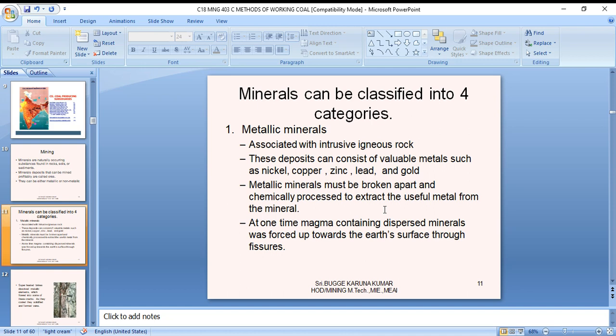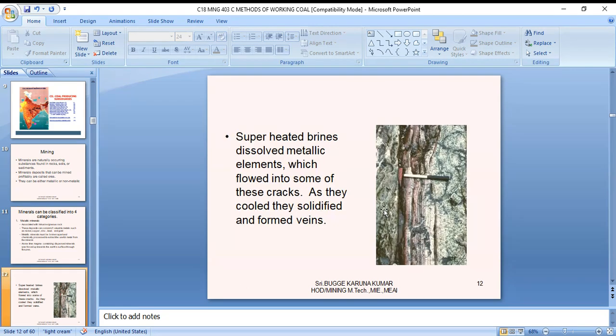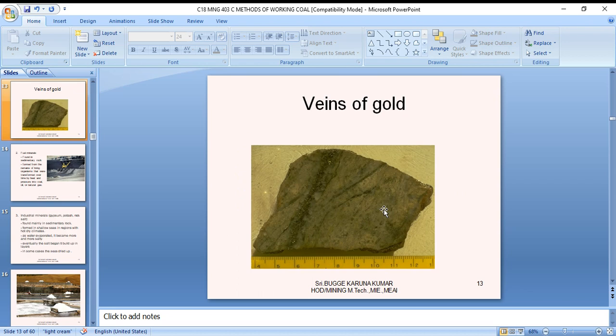At one time, magma containing the dispersed minerals was forced up towards the Earth's surface through fractures. Superheated brines dissolved metallic elements, which filled some of these cracks as they cooled, forming sulfides. It forms veins. This is one type of vein deposit formation.